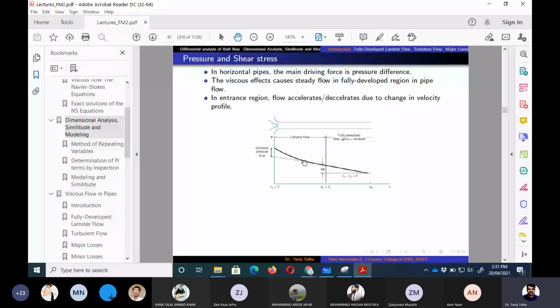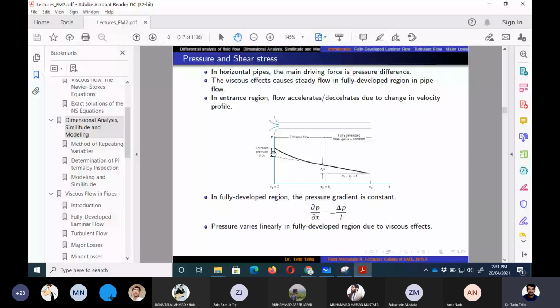I have just explained that because the wall shear stress is very high at the beginning due to the increased value of velocity, the pressure drop is also high in the entrance region, right? And in the fully developed region, the pressure drop is constant.